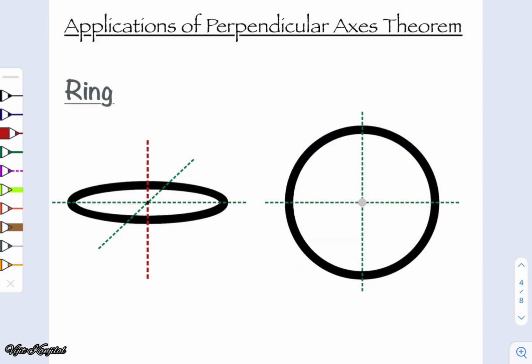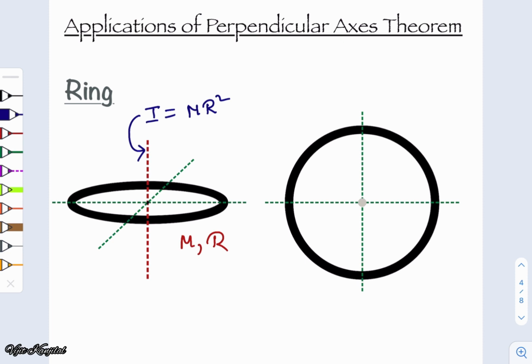Now let us try to look at some applications of the perpendicular axis theorem. So let us start our discussion by looking at the case of a ring. Let us assume that we are given a ring of mass m and radius r. Previously we have already calculated the moment of inertia of this particular ring with respect to this particular axis, and we found the value to be mr square.